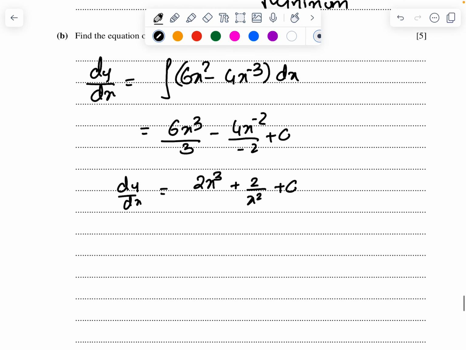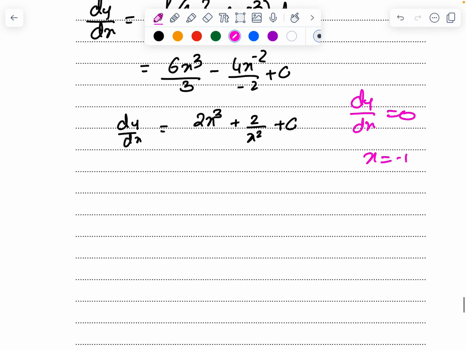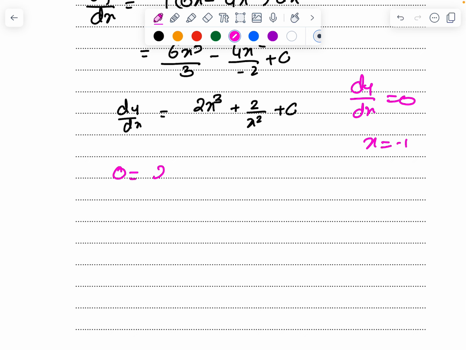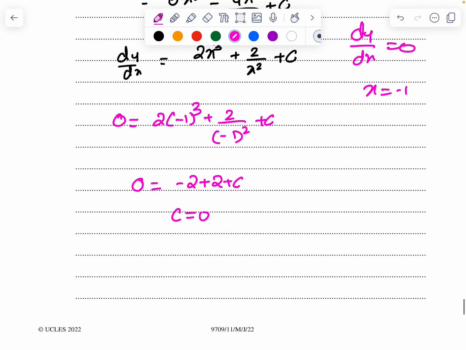Now we know that at the stationary point, dy/dx will be equal to 0 at x equals −1. So 0 equals 2(−1)³ + 2/(−1)² + c. So 0 equals −2 + 2 + c. c equals 0.